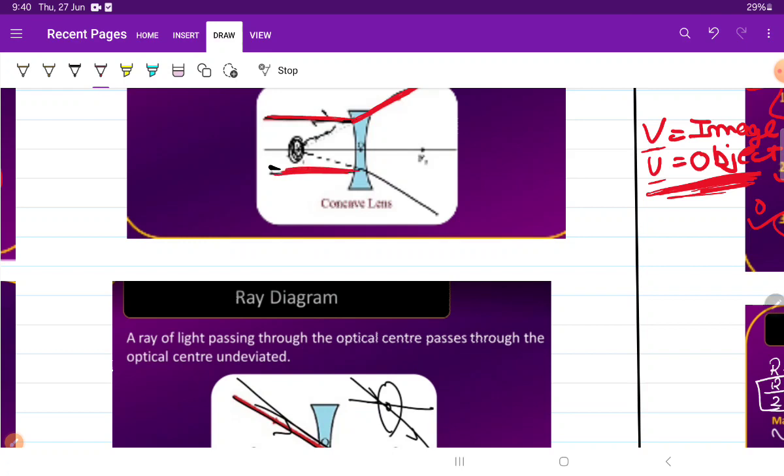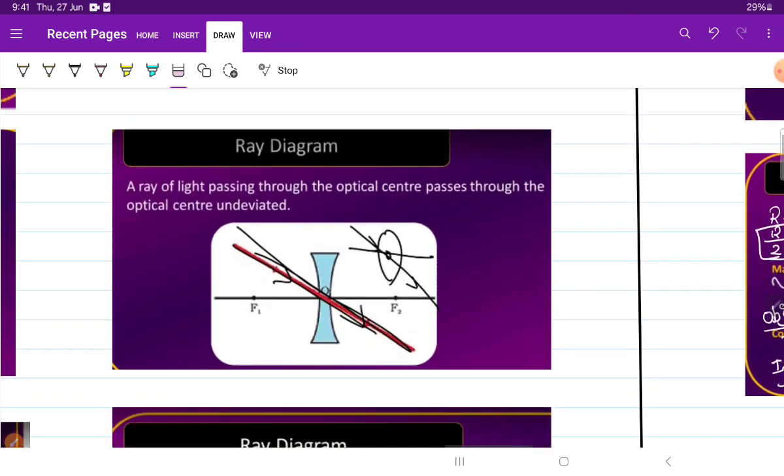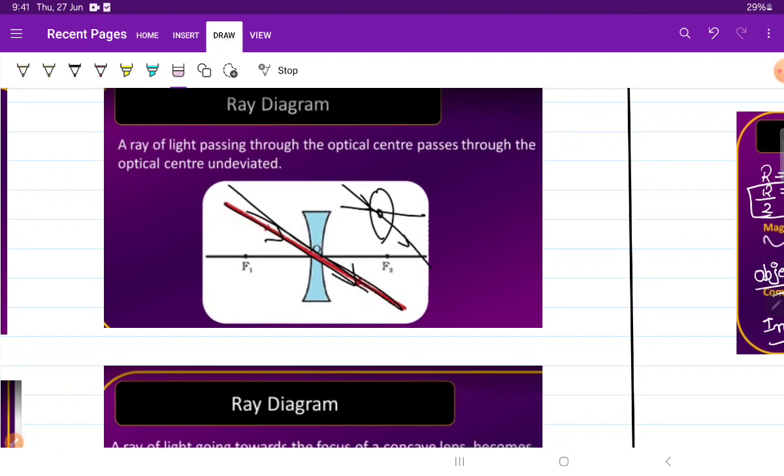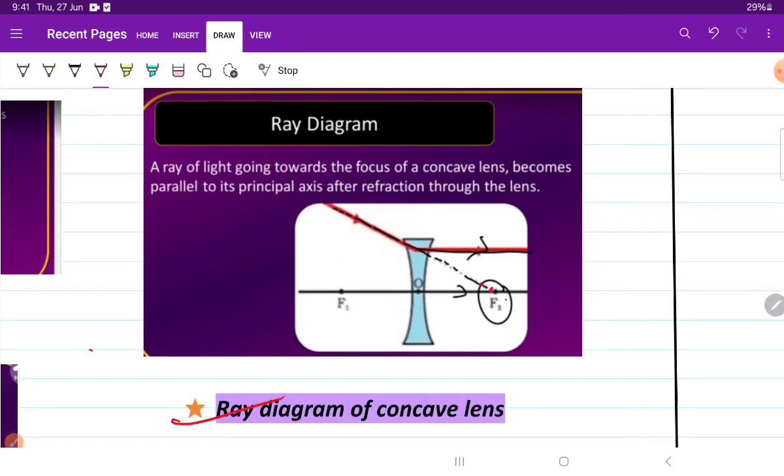The second law tells us that if any ray is coming from the optic center, then it will go in the same straight line only, it will not change its path.